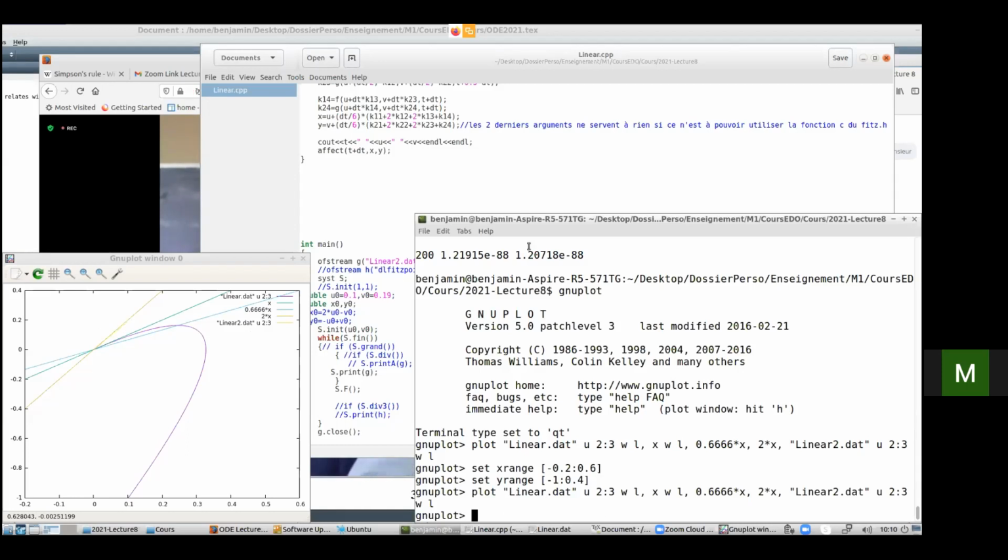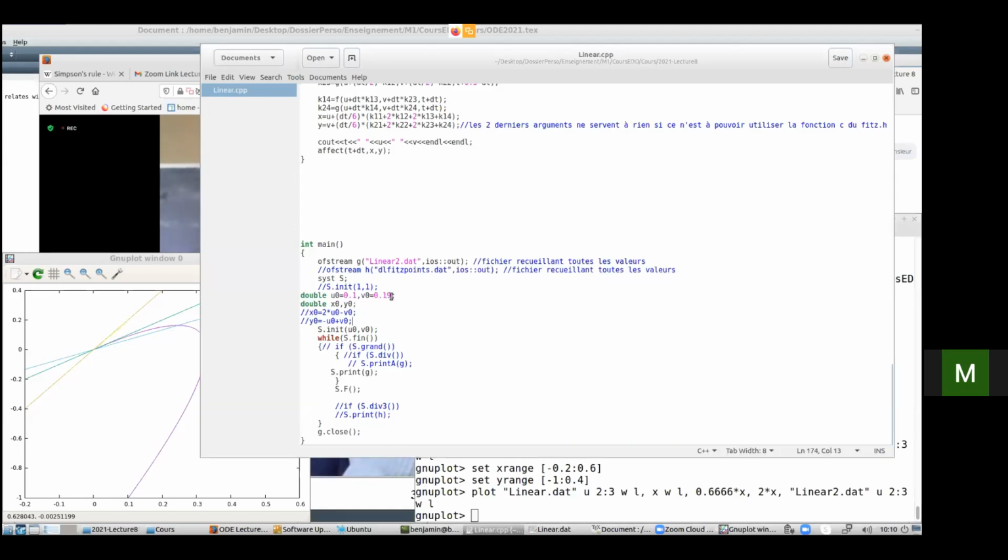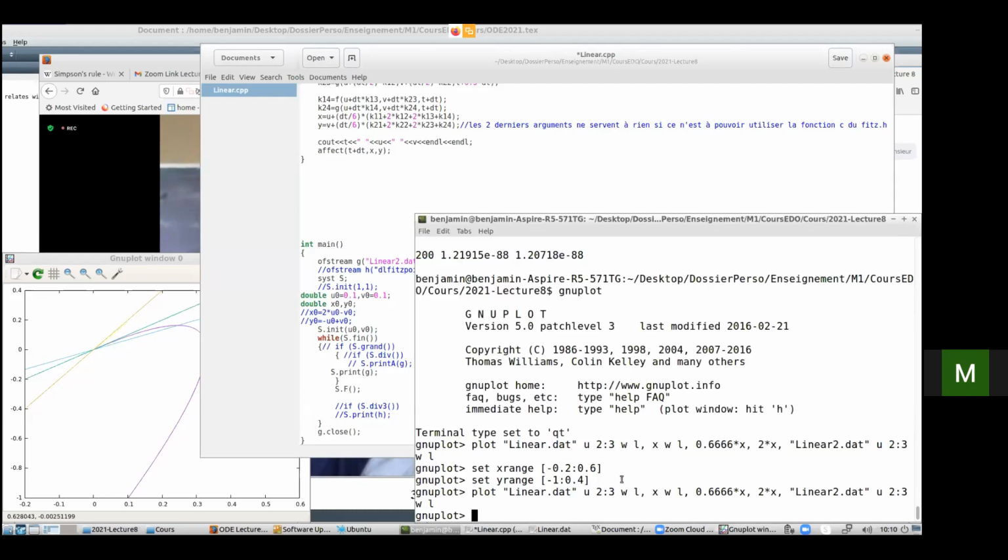So it's two here. Let me just look at what's going on here.